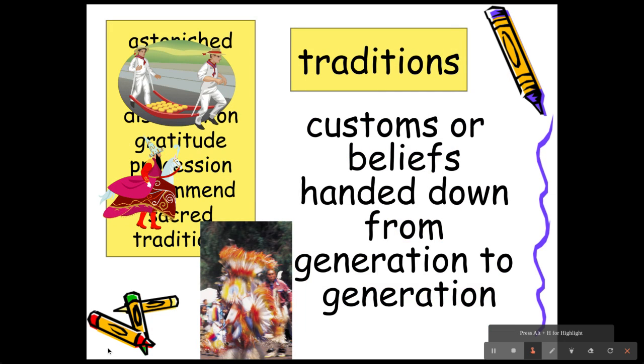All right, our first word is traditions. Traditions are customs or beliefs handed down from generation to generation. So things that you traditionally do, like I like to think of Thanksgiving and Christmas traditions at my house when I think of the word traditions.